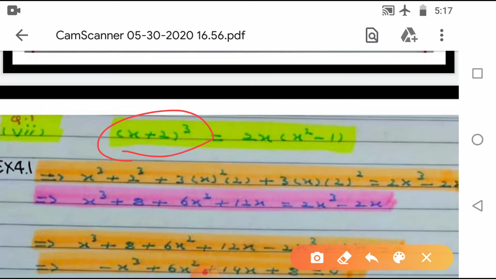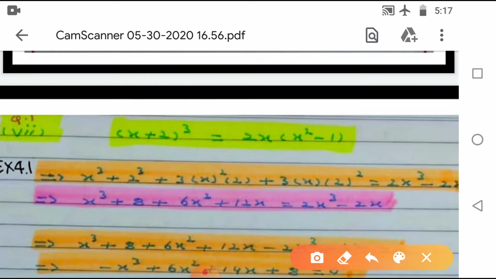The formula of (a + b)³ is a³ + b³ + 3a²b + 3ab². Look here: a³ + b³ + 3a²b + 3ab².